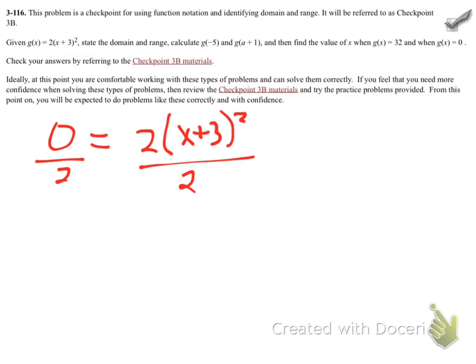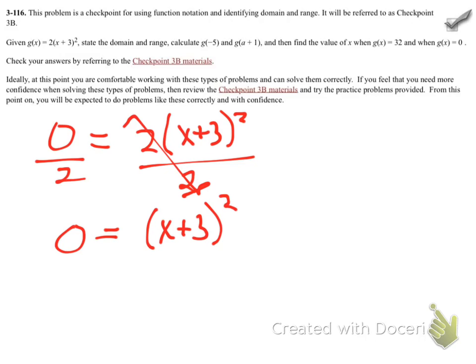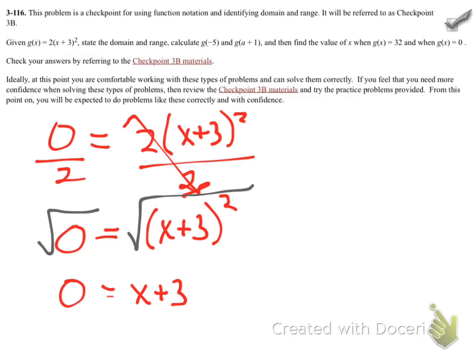I divide everything by 2. 0 divided by 2 is still 0, equals x plus 3 squared. I then take the square root of both sides, and the square root of 0 is still 0, equals x plus 3. And then I subtract 3 from both sides, so I only get one solution here. It is negative 3.